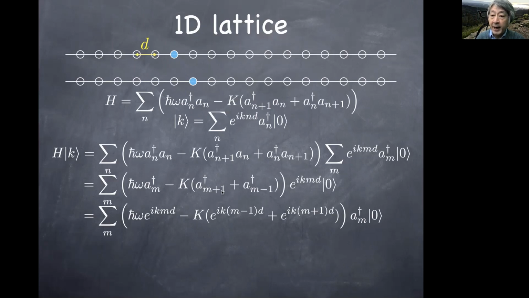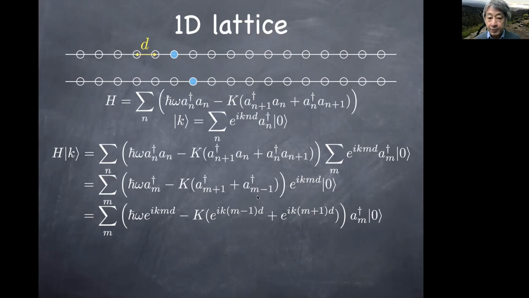But by changing the dummy variable, this m in the exponent should be replaced by m minus 1. So the exponential factor I have is now e to the ik(m minus 1)d instead of ikmd. That is something I have to be careful about. But again, I haven't changed anything. I just replaced the dummy variable m by yet another dummy variable, m minus 1.